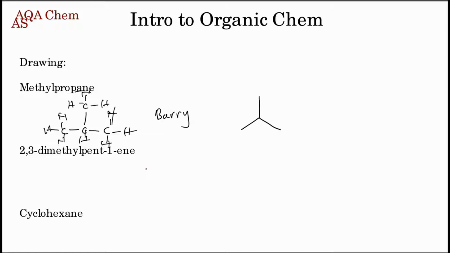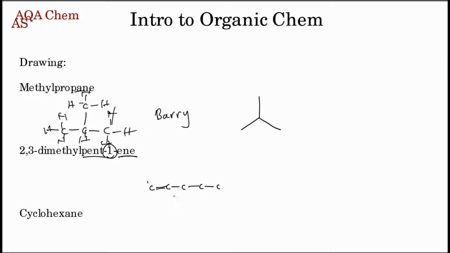2,3-dimethyl pent 1-ene. Ouch. So this one, it's got the pent, so that means there's 5. Okay. And it's an alkene. But the alkene is on position 1. Note, if we count just left to right, 1 double bond. The double bond comes after the earliest carbon possible, and that's the 1-ene.